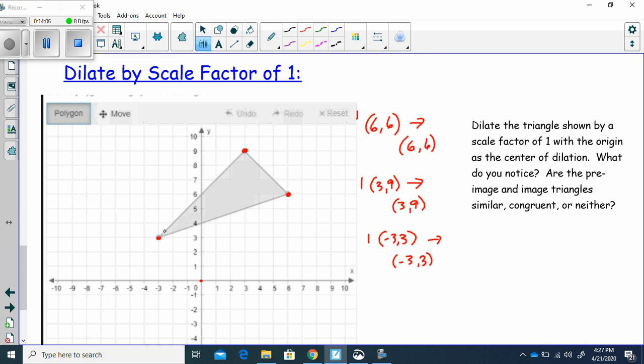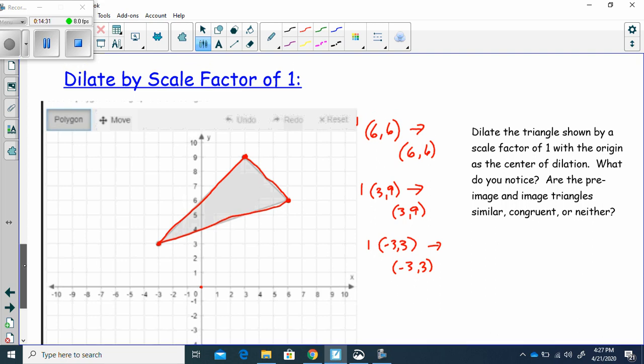So when you dilate it by a scale factor of 1, we don't change this triangle at all, do we? We have the exact same triangle that we had before. Nothing has changed, okay? Think about this. When we dilate by a scale factor of 1, nothing changes because we multiply all of our coordinates by 1.